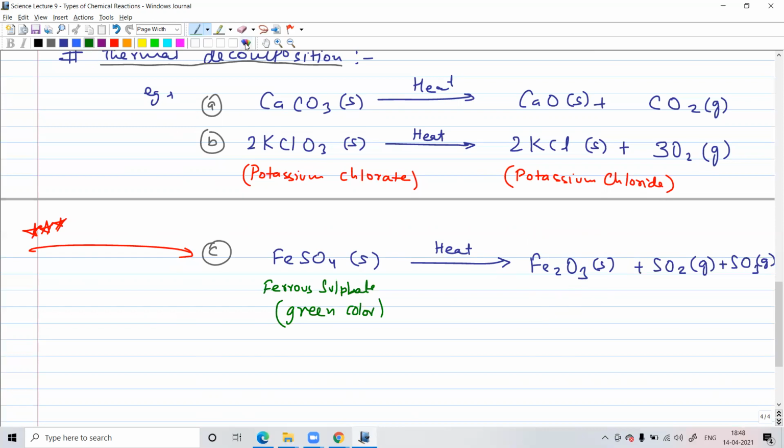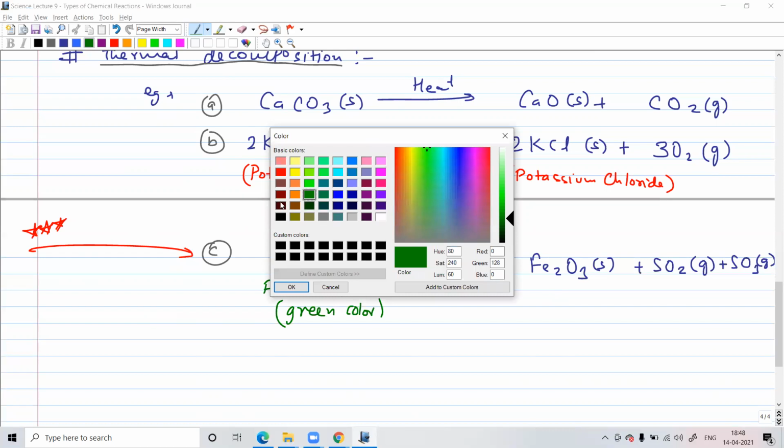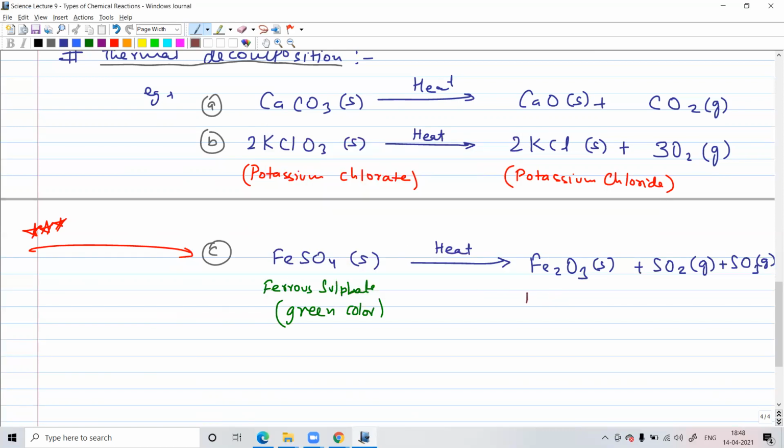And it is brown in color. Do I have brown color here? Okay, let me use that. So this is ferric oxide and it is brown color. This compound actually is green color, and this compound is actually brown color.